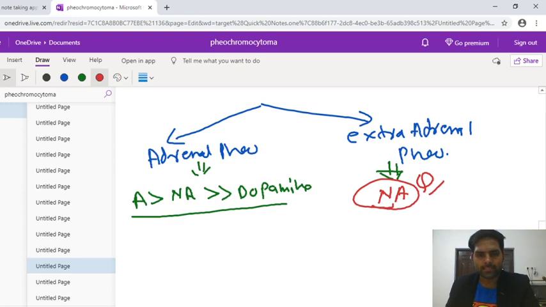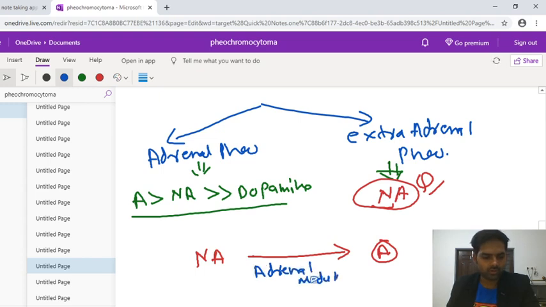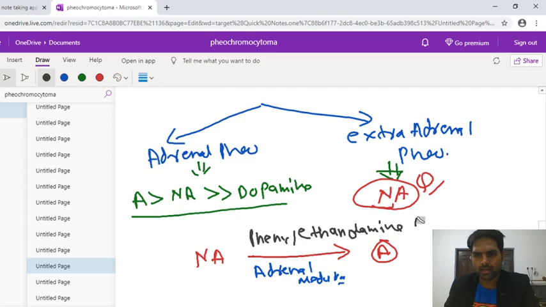Normally noradrenaline is converted into adrenaline, and this conversion takes place in the adrenal medulla. The enzyme which helps this process is called phenylethanolamine N-methyltransferase.